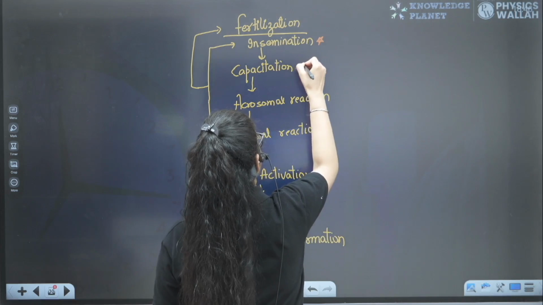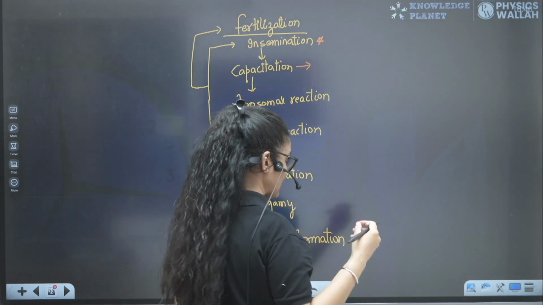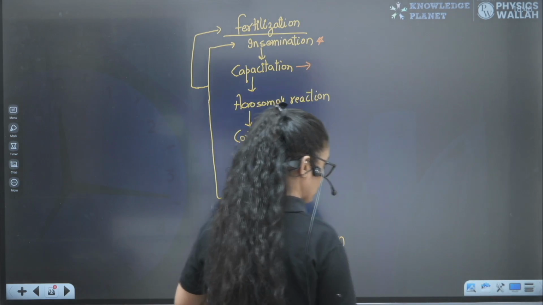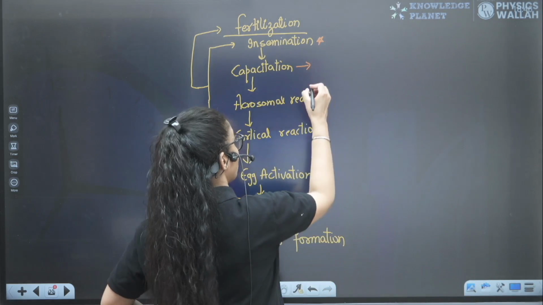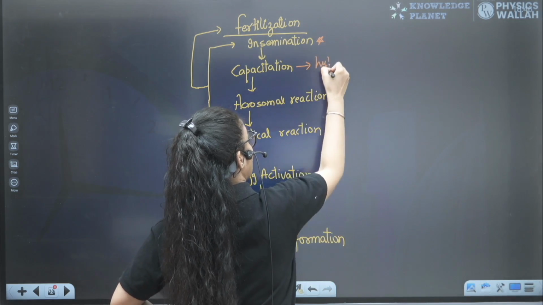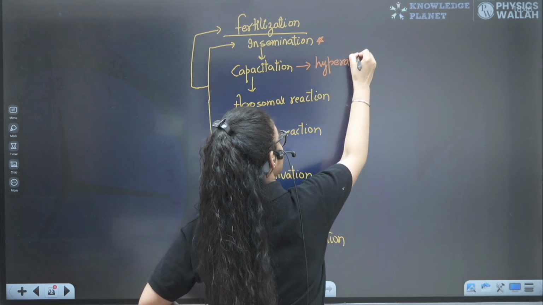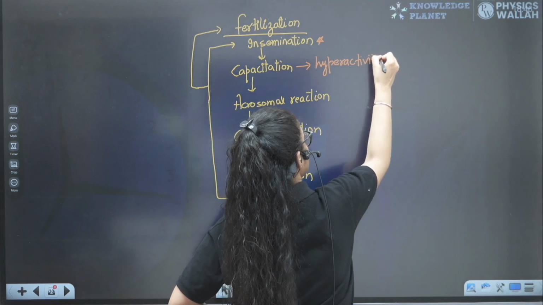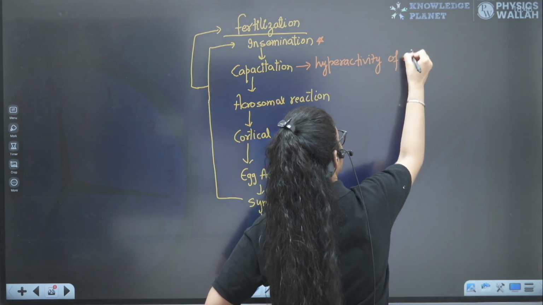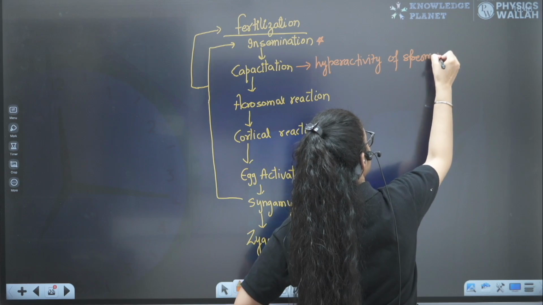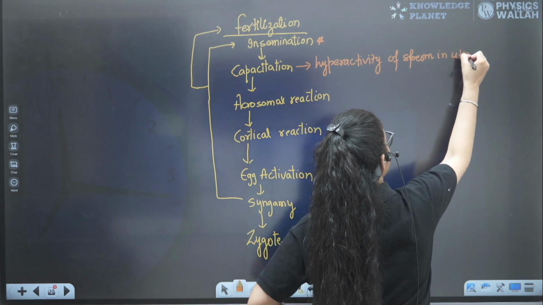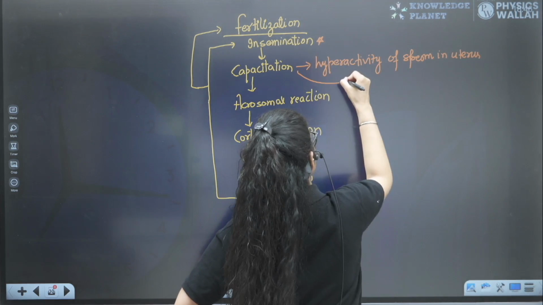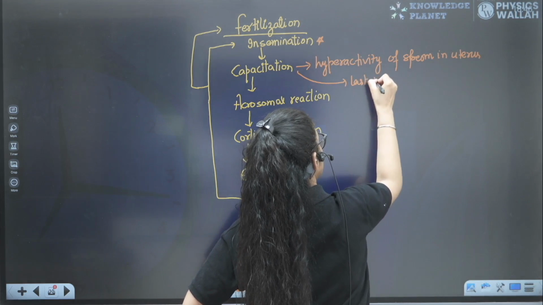Already told you, capacitation. So what is capacitation? Capacitation means hyperactivity of the sperm in the uterus, or you can say that it is the last maturation phase for sperm.